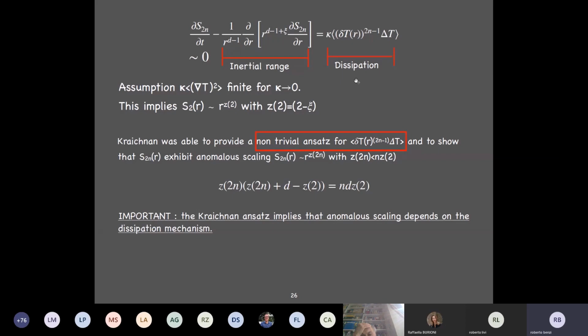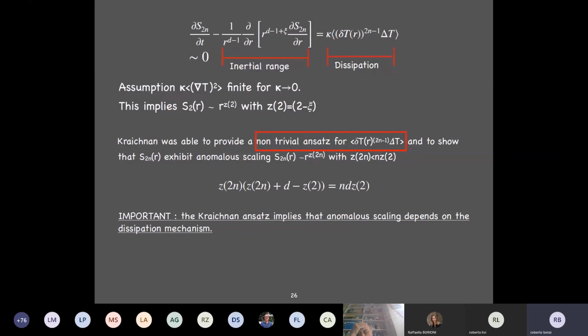Then with this ansatz, you can balance the inertial range dynamics, so the dynamics induced by the advection due to the velocity of the passive scalar, with the dissipation, and then you are able to show that the values of the exponent to any power n are linked to the one of the second order by this relation, which is a nonlinear relation satisfying the convexity of the anomalous scaling and showing that anomalous effects are observed even in this linear problem.